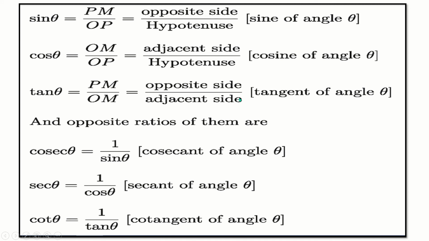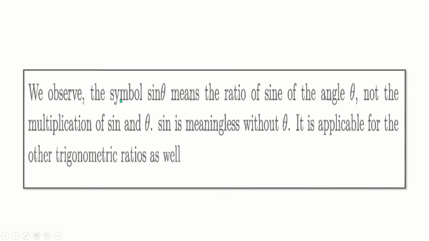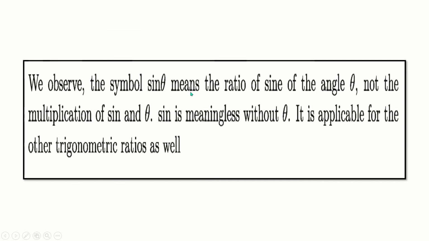You have to remember. Okay. The symbol sin theta means the ratio of sine of the angle theta, not multiplication of sine and theta. Sine is meaningless without theta. That I had already said. It is applicable for the other trigonometric ratios as well.